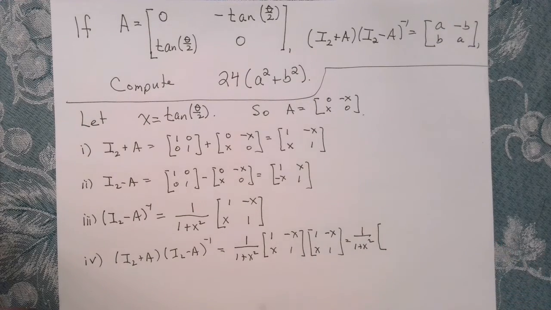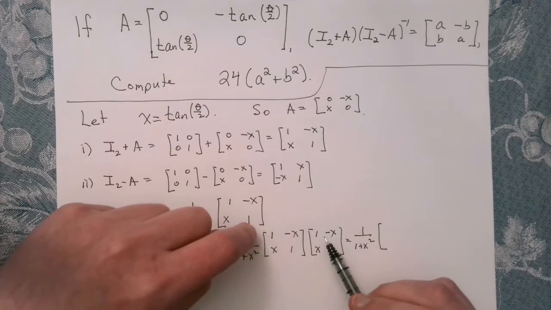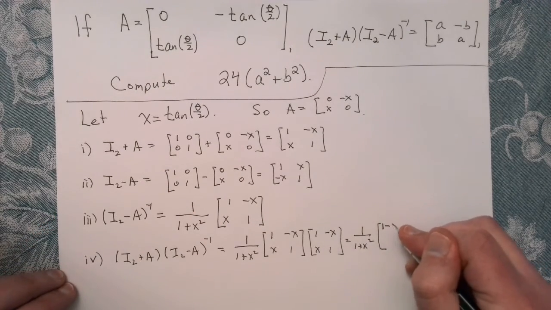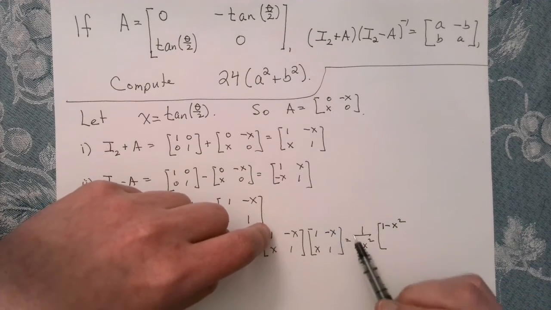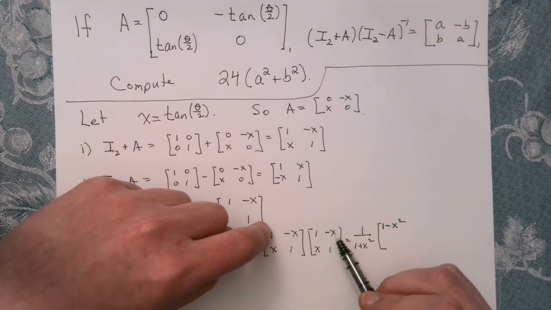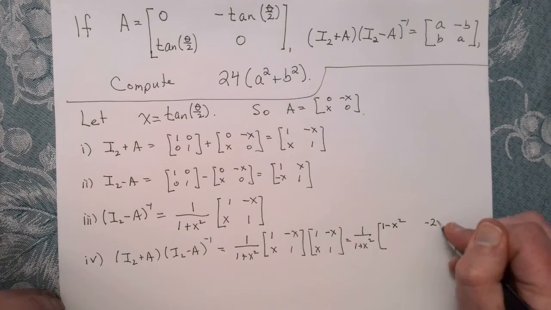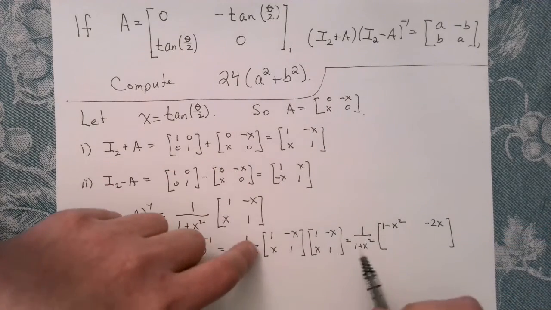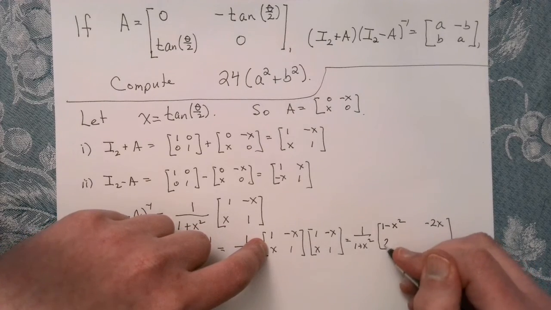Okay, so let's see what we have here. Upper left entry, just row by column. This looks like 1 minus x squared. The upper right entry: we've got product plus product, that looks like minus 2x. Lower left entry, this looks like x plus x, that looks like 2x.